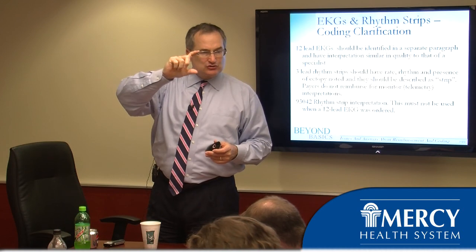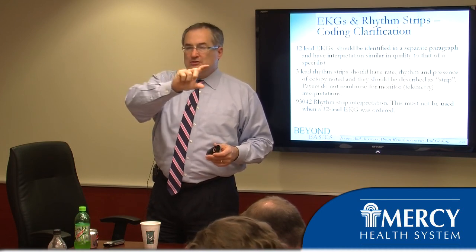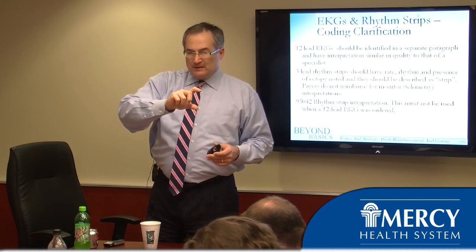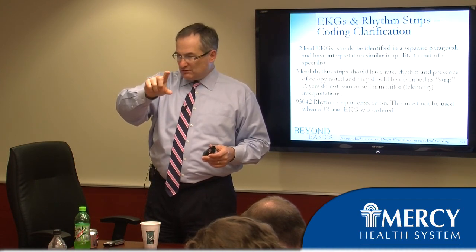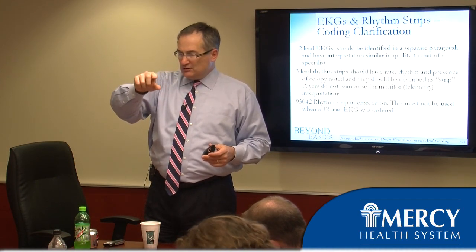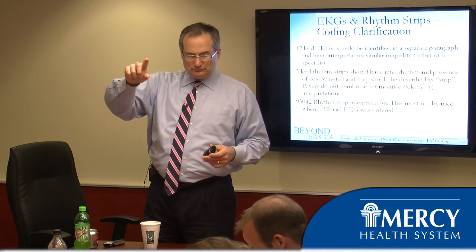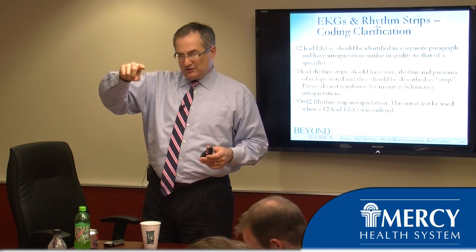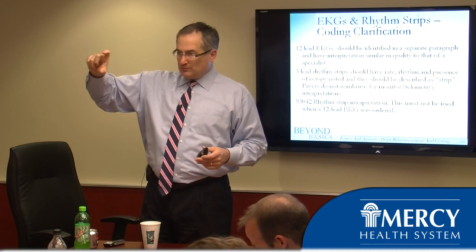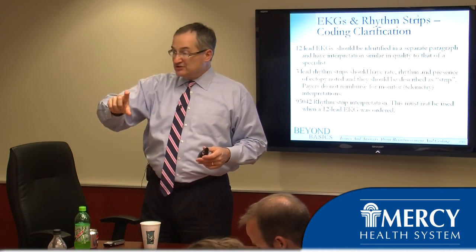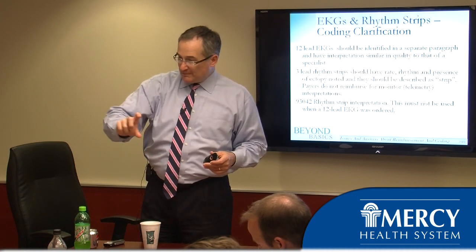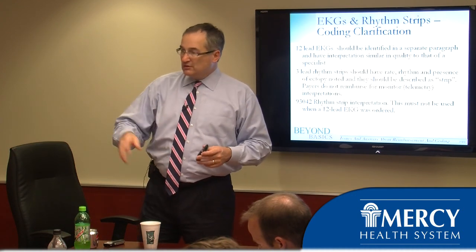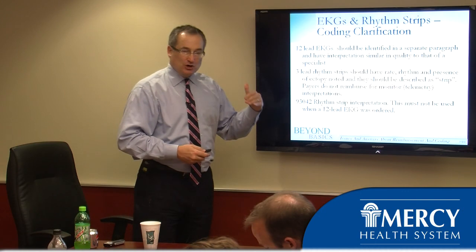It's a diagnostic interpretive study, so it needs its own note. So first EKG: regular rate and rhythm, no ST segment elevation, normal axis, normal EKG. Second EKG, and so you can document each one in its own separate note.